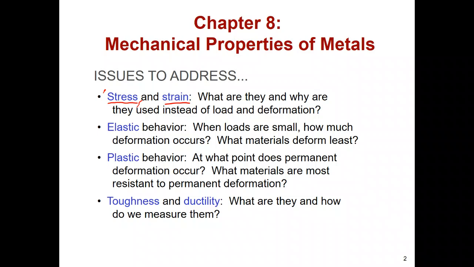To describe non-dimensional cases, stress and strain can be used instead of load and displacement. And then we are going to learn about elastic behavior.